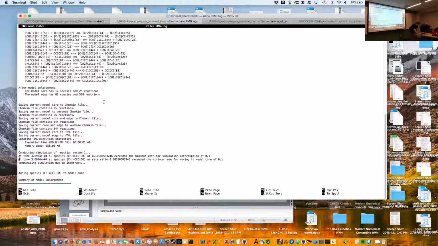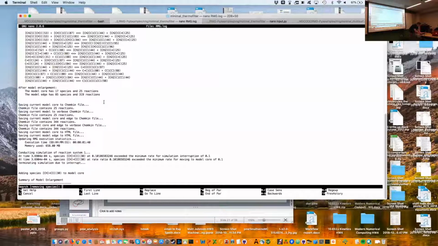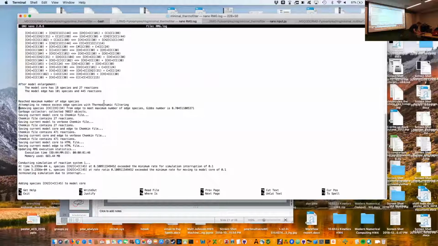But what we do see here is that once we get through those iterations, it starts being able to remove species, starting with the ones that are the least stable, like this one.